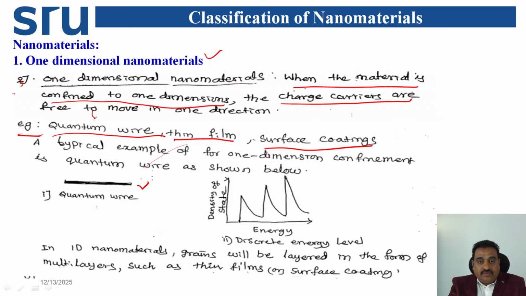A typical example of one dimensional confinement is the quantum wire, as shown here. The graph can also be seen between discrete energy levels versus density of energy states. In one dimensional nanomaterials, grains will be layered in the form of multilayers, such as thin films or surface coating.